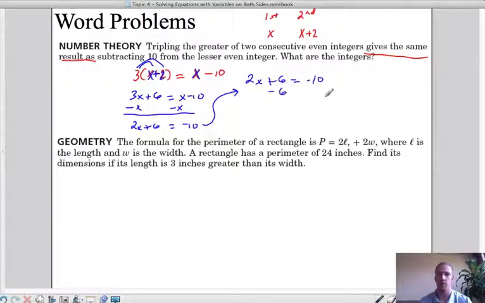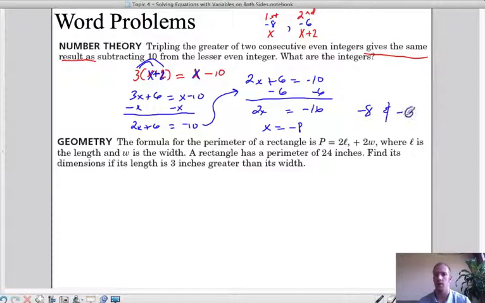And I subtract 6. Gives me 2x equals negative 16. So x equals negative 8. So our first even integer is negative 8. And our next one would be 2 greater than that, so it's actually negative 6. Negative 8 and negative 6. So those are our two even integers.